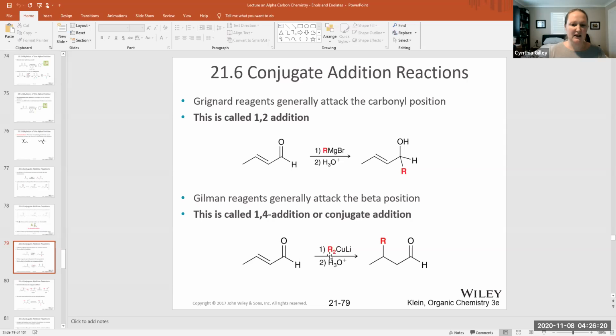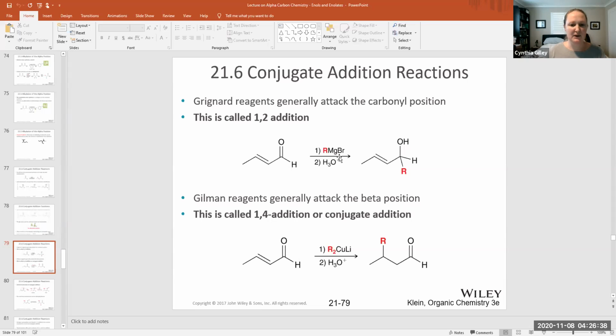So we can take advantage of the fact that this alkyl group is a stronger nucleophile and this alkyl group is a weaker nucleophile to utilize different reactions from our alpha, beta unsaturated aldehyde reactant.